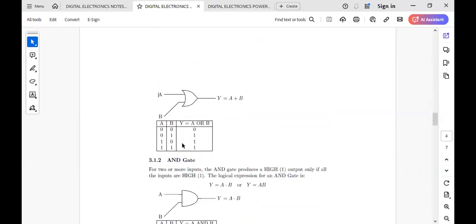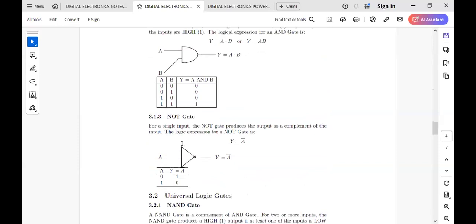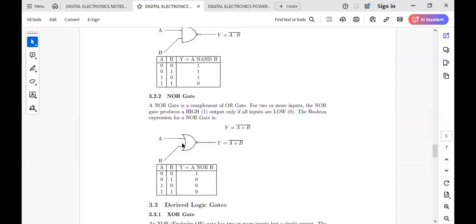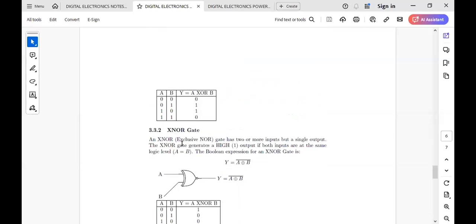So we have some examples here, the truth tables of the OR and the AND. Then I talked about the NOT gate. We talked about the NOR gate, which combines NOT and OR.